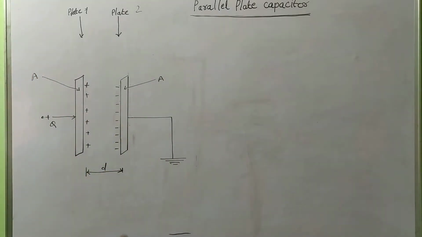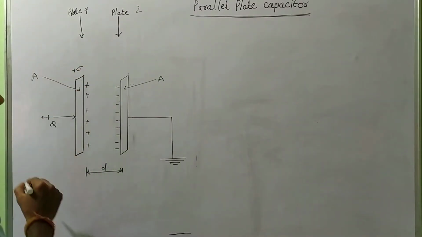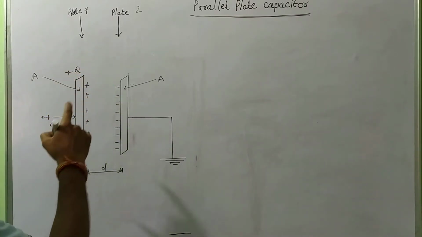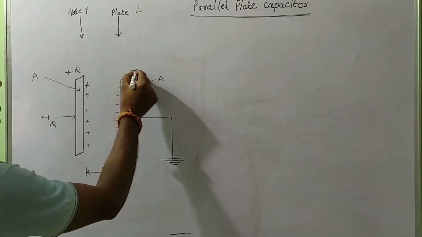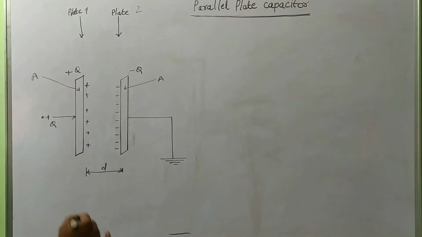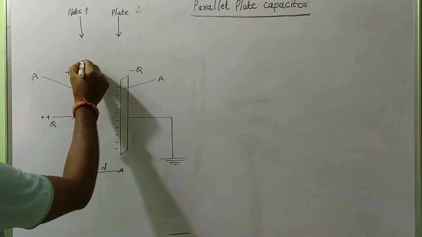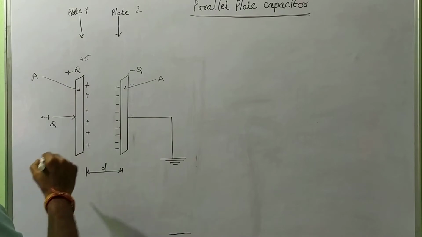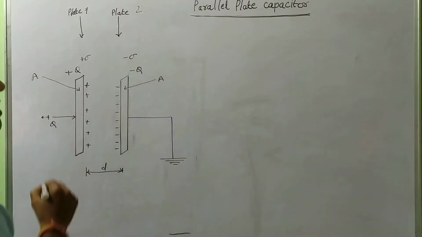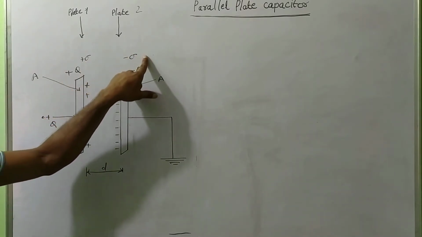Now this is plus q charge here, and on the second surface the charge will be minus q. The surface charge density on plate 1 will be plus sigma, and on plate 2 will be minus sigma.